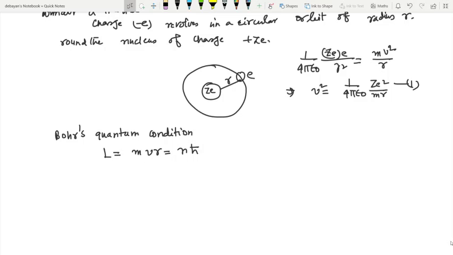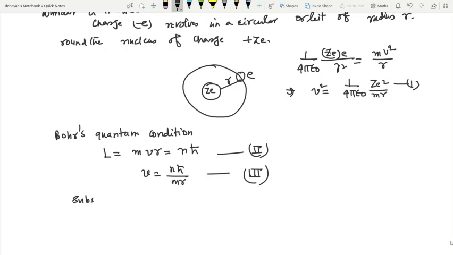Now if we put this, the value of v is n h bar by mr, and this is equation number 3.